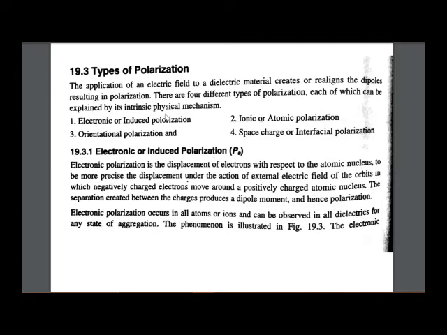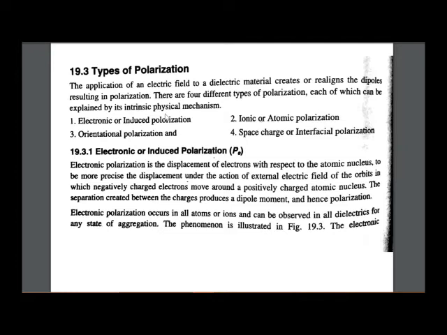The first one is electronic or induced polarization. It is denoted by PE, subscript E. Electronic polarization is the displacement of electrons with respect to the atomic nucleus. To be more precise, it is the displacement, under the action of an external electric field, of the orbits in which negatively charged electrons move around a positively charged atomic nucleus.